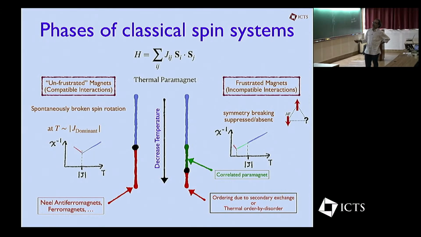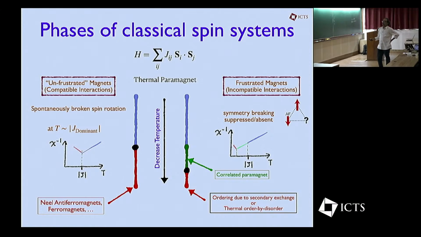In those systems, like the square lattice Heisenberg magnet or the cubic lattice Heisenberg magnet, as you decrease temperature, at a certain temperature the system orders into some antiferromagnetic or ferromagnetic configuration, characterized by a non-zero thermal expectation value of the spins. In experiments this is signaled by this kind of behavior in the spin susceptibility at a temperature of the same scale as the exchange constants. So those are the class of systems that we know a lot about.